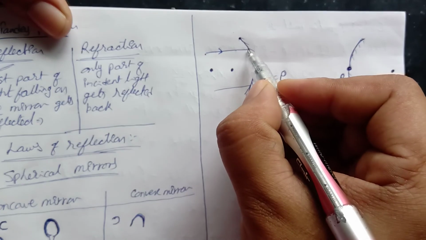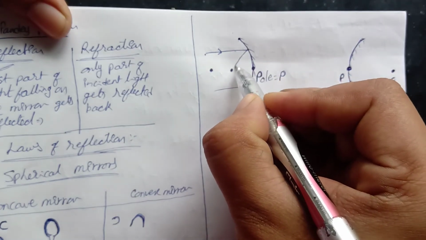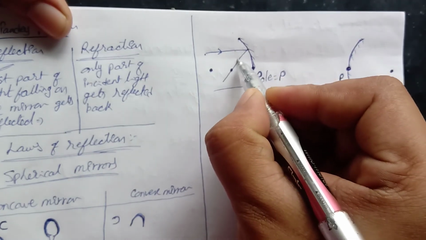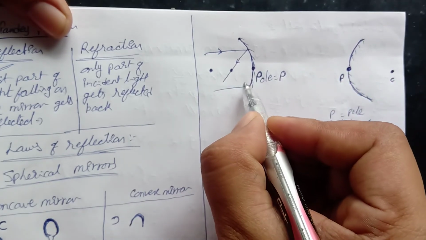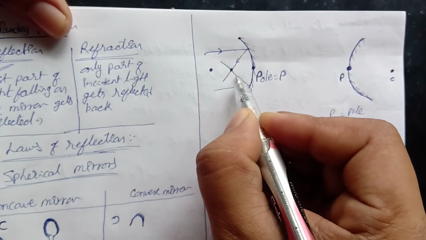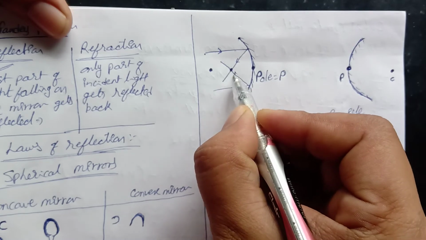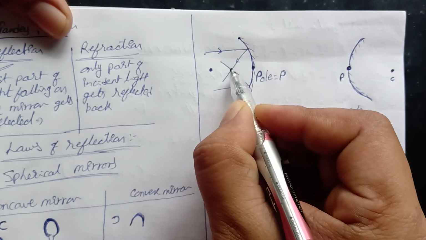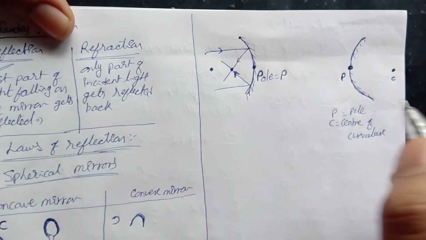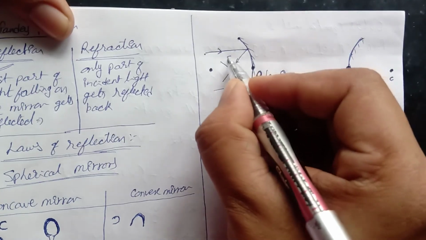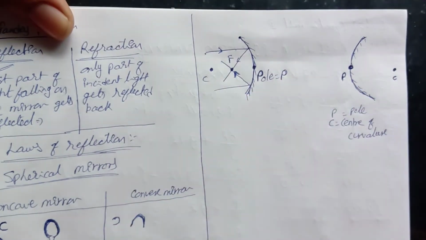Then this ray would come at a point where the intensity would be maximum, and so that would surely burn up my paper. So that is called F, focus.